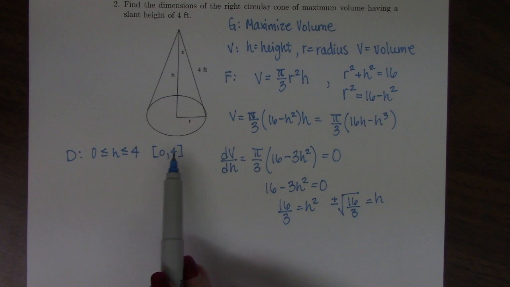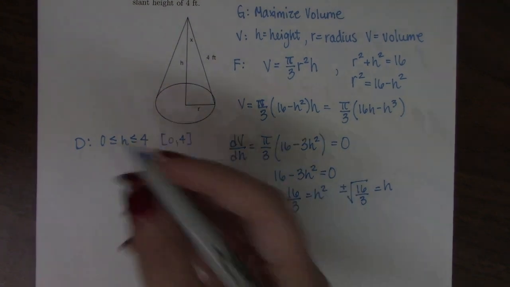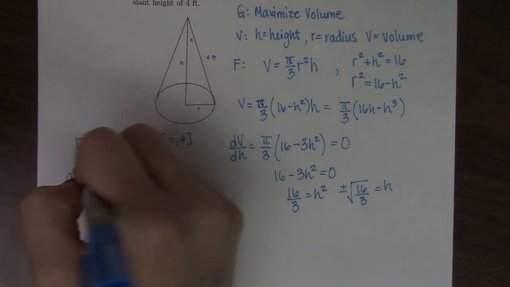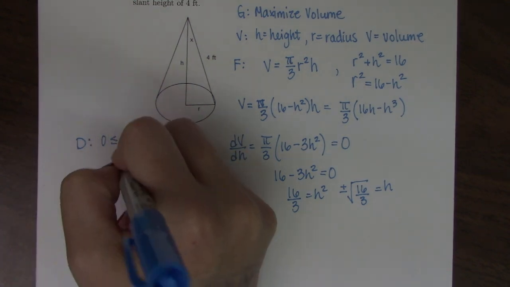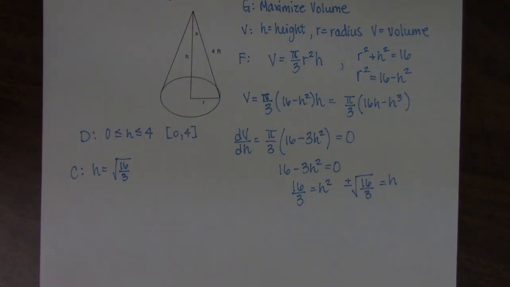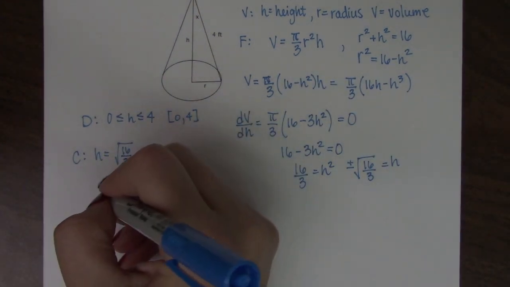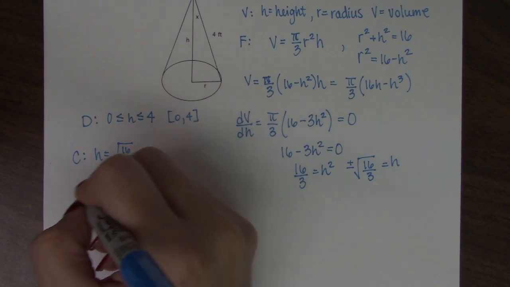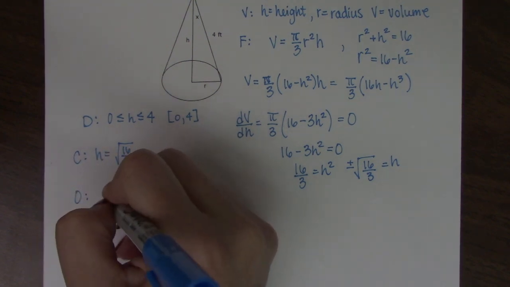So now we do a domain check on these values. Well, we're only allowing for positive values of h, so the negative gets thrown out. So the only critical value that I have is positive square root of 16 over 3. Since my interval is closed, the easiest way to check for extrema is to use the closed interval method.